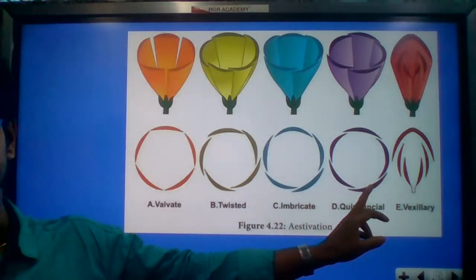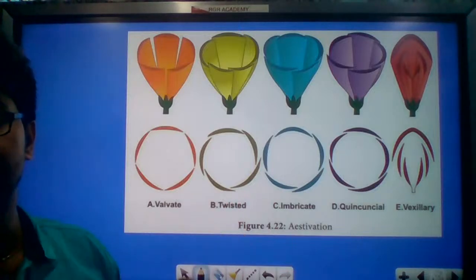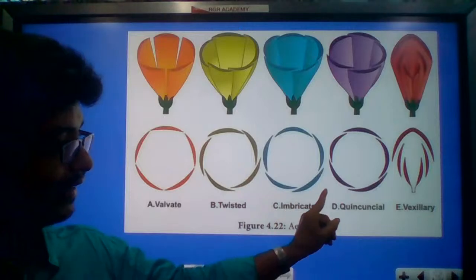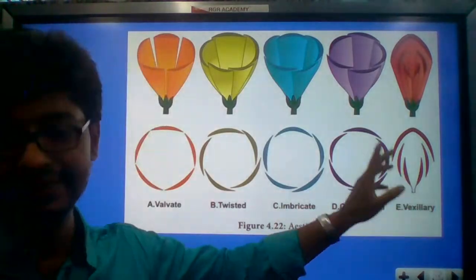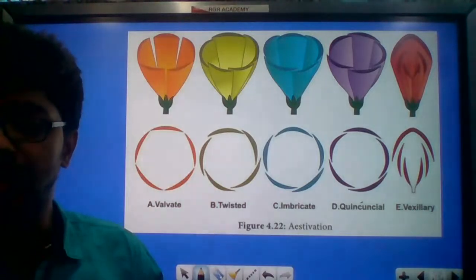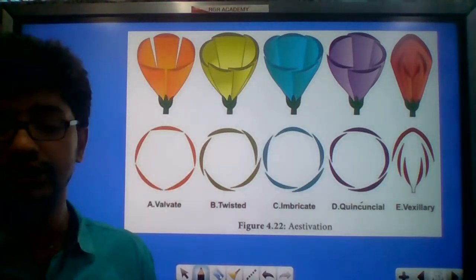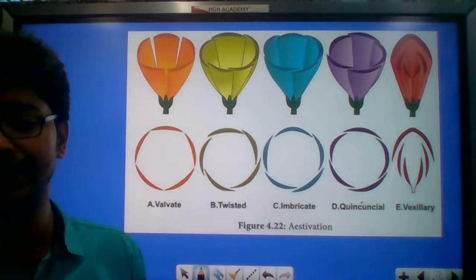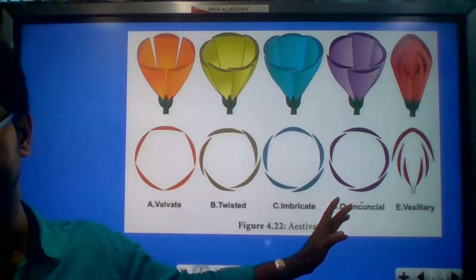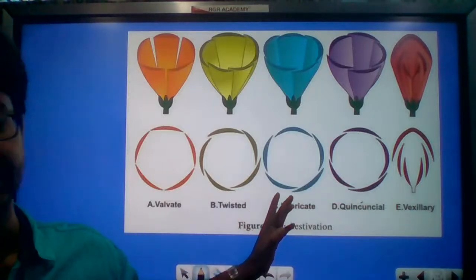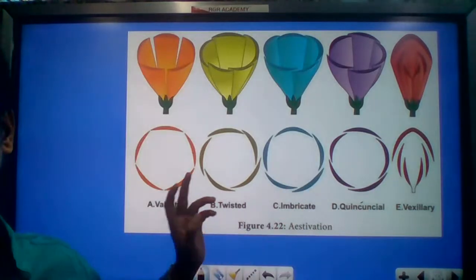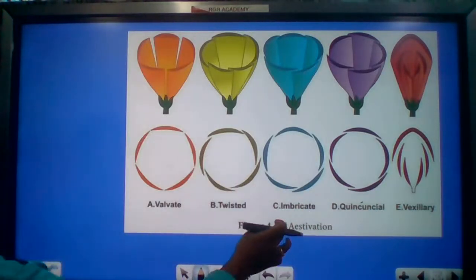There are 5 types of estivation: valvate, twisted, imbricate, quinquential, and vexillary. In NCERT, study only the examples that are given. This arrangement of petals we call estivation. So this we discussed already.